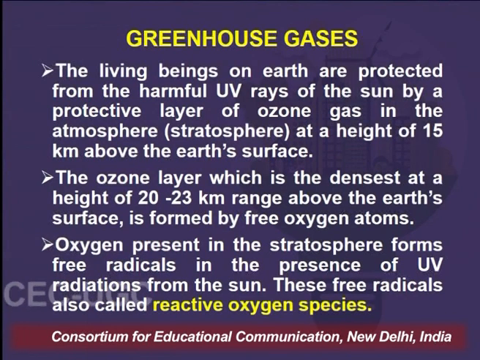The living beings on Earth are protected from the harmful ultraviolet rays of the sun by a protective layer of ozone gas in the atmosphere, to be precise in the stratosphere, at a height of 15 kilometers above the Earth's surface.